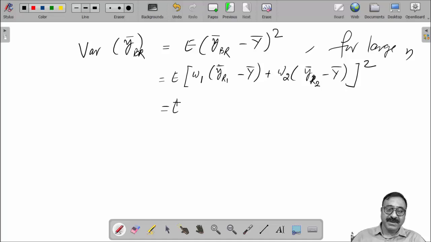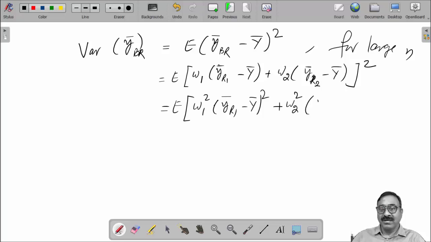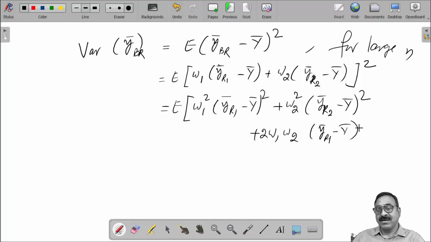Now this is equal to expectation of W1 square into (Y R1 bar minus Y bar) whole square plus W2 square (Y R2 bar minus Y bar) whole square plus 2 W1 W2 (Y R1 bar minus Y bar) into (Y R2 bar minus Y bar).